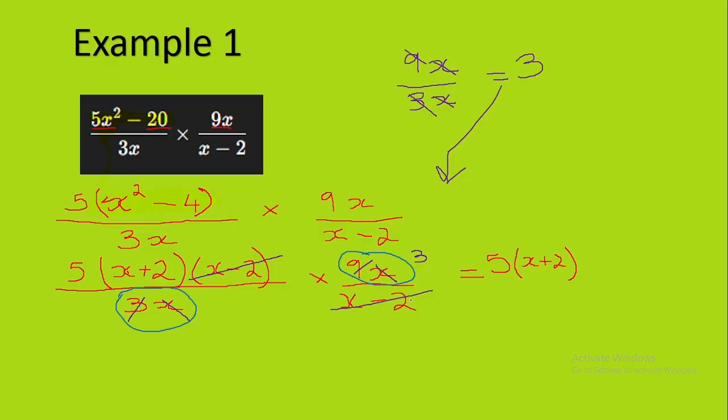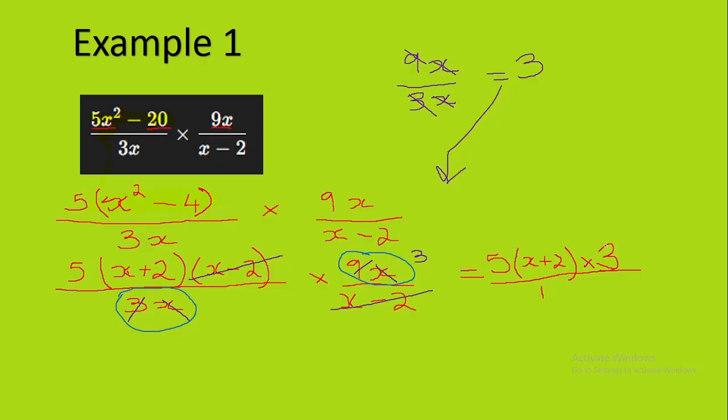X minus 2 divided by x minus 2 would definitely just cancel out. Over here we're multiplying by 9x. We divided the 9x by the 3x below, and we were just left with 3. So multiplied by 3, all over, we had gotten rid of all denominators, so we can put a 1 right there.